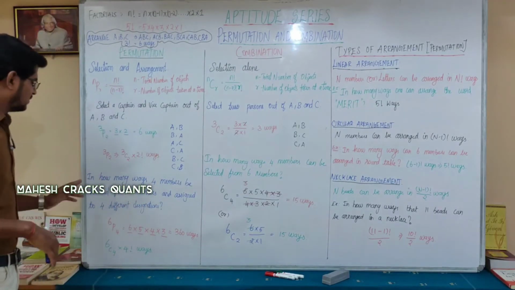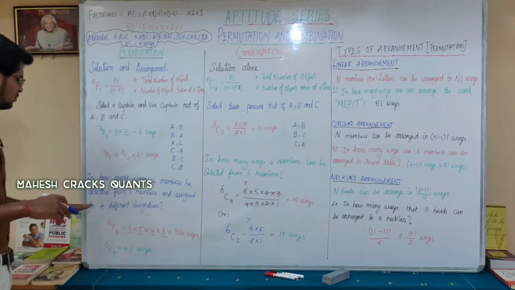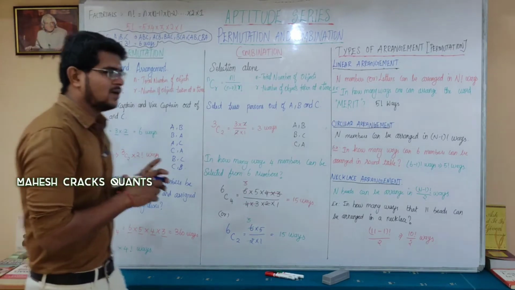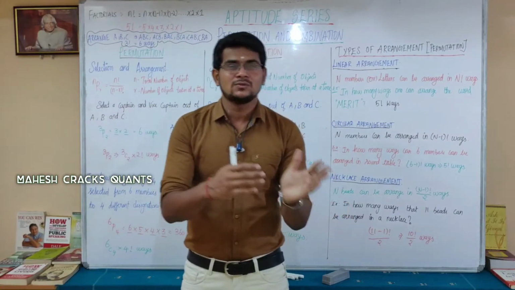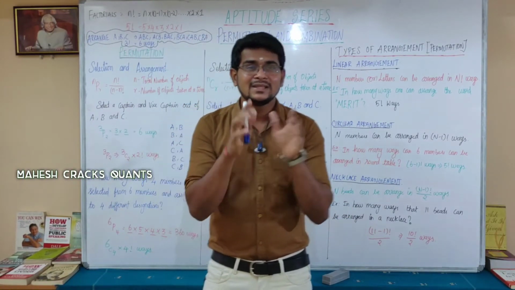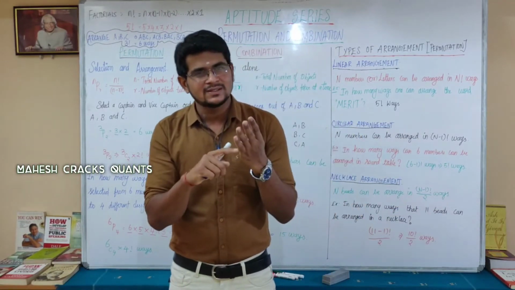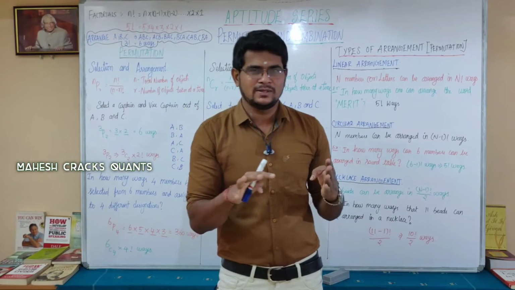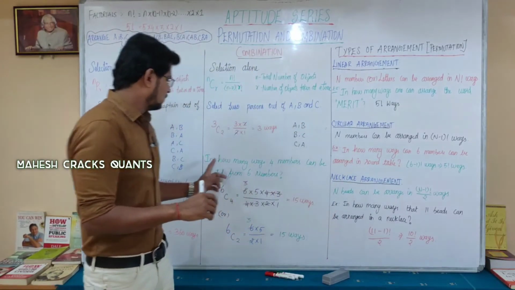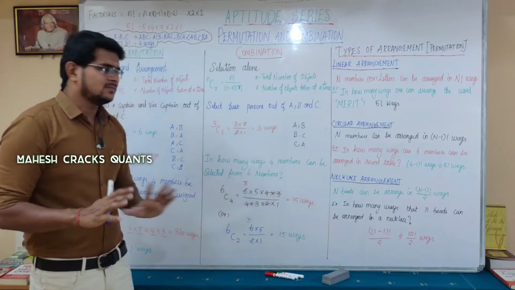Now listen here. In how many ways can 4 members be selected from 6 members and assigned to 4 different designations? So 4 members should be selected from 6 members and assigned to different designations, which means you have to select 4 members as well as arrange those 4 members. Look here. In how many ways can 4 members be selected from 6 members?